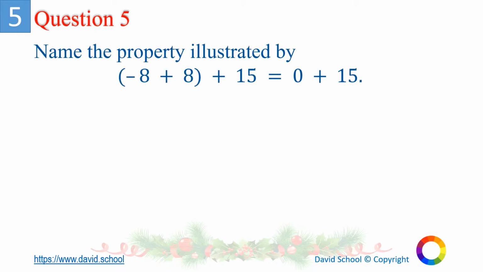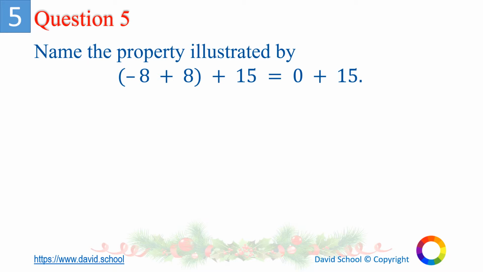Name the property illustrated by negative 8 plus 8 plus 15 equals 0 plus 15. This is not the commutative property because A plus B is not equal to B plus A. Also, this is not the associative property because on the left there are 3 terms and on the right there are only 2 terms.